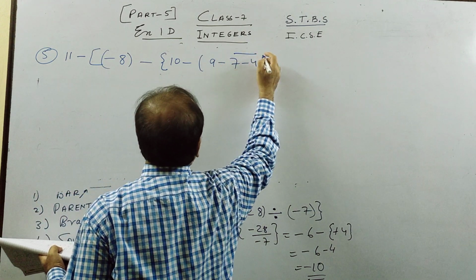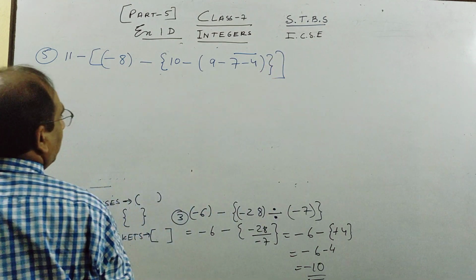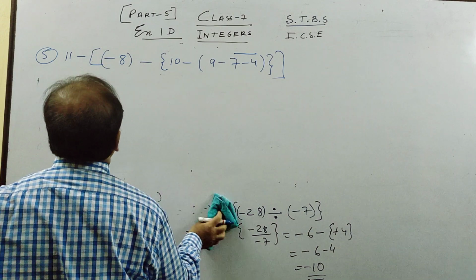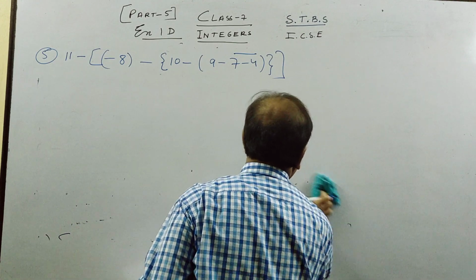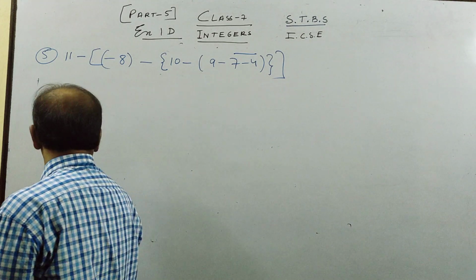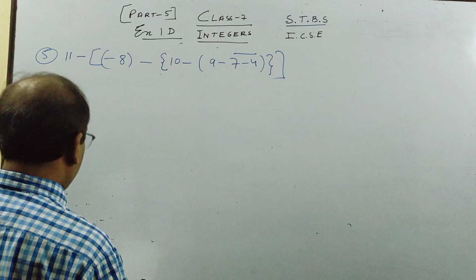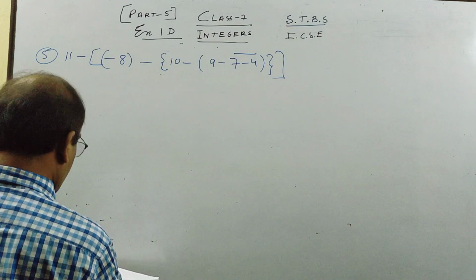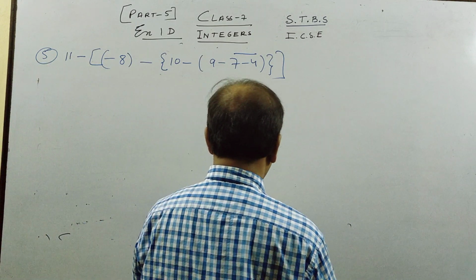So this is a bar bracket, children. See, we have a bar bracket here. The question is 11 minus 8 minus 10 minus 9 minus 7 minus 4. You have to copy the question very carefully, because even a small mistake matters.